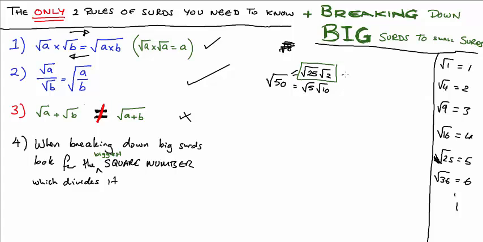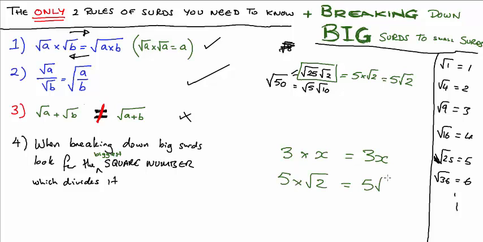So this will turn into 5 times square root of 2, which is just 5 root 2. Why is that, by the way? The same reason that 3 times x, we write 3x. Exactly the same reason. 5 times root 2, we write 5 root 2. Does that make sense?